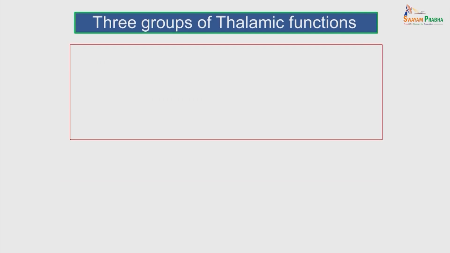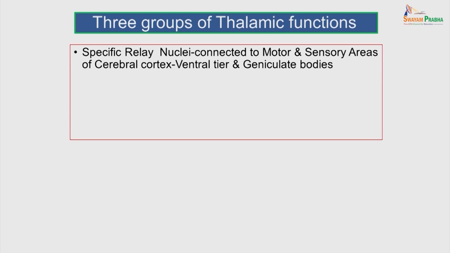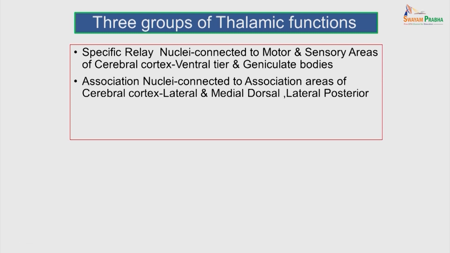So, what we have are the specific relay nuclei connecting to the specific motor and sensory areas of the cerebral cortex, which are the ventral nuclei and geniculate bodies. Then the thalamus has association nuclei, where the association areas of the cerebral cortex are involved, with the lateral and medial dorsal nuclei and the lateral posterior nucleus.